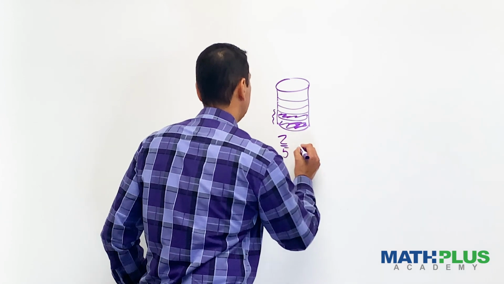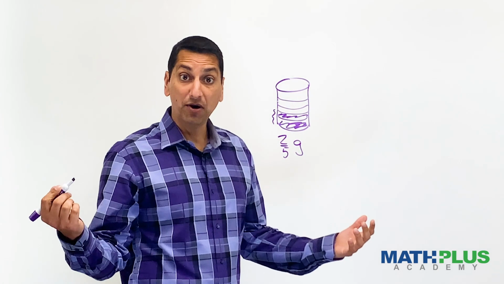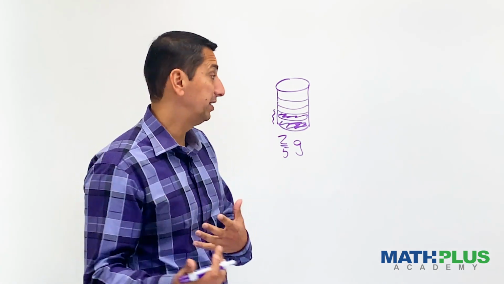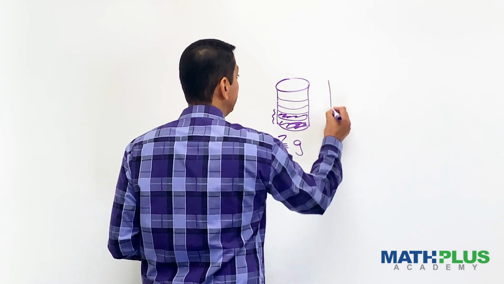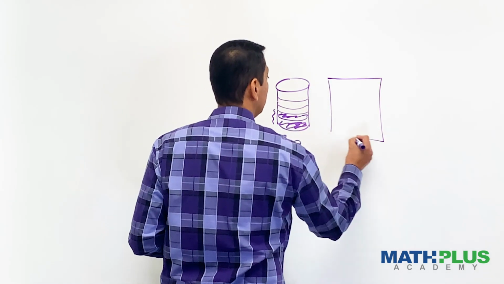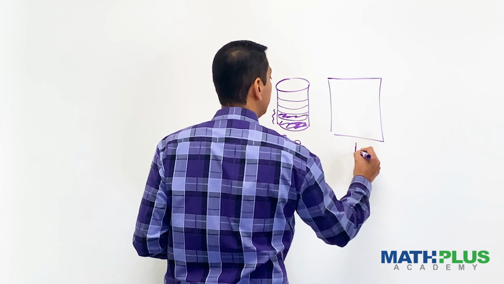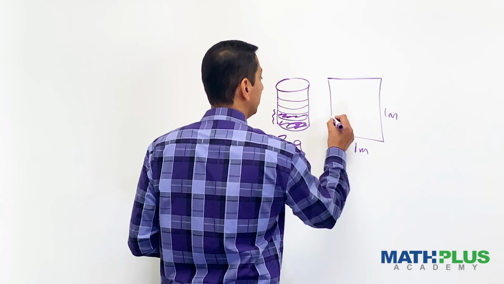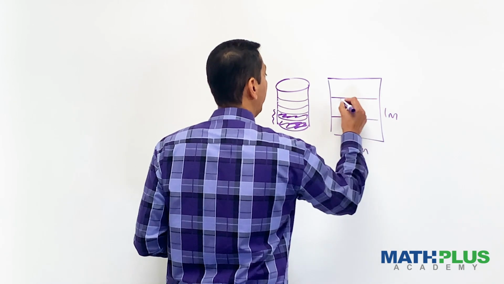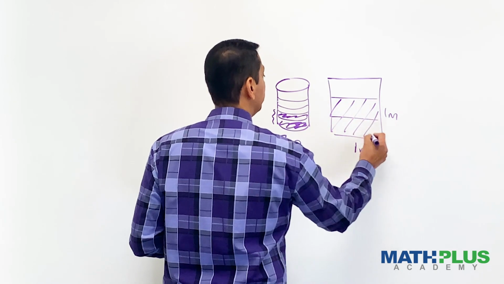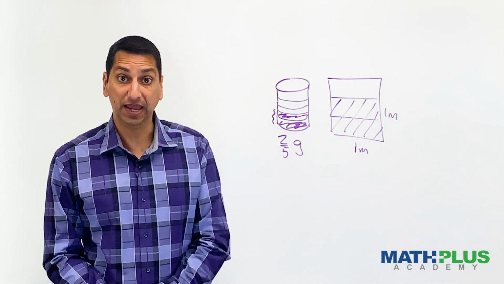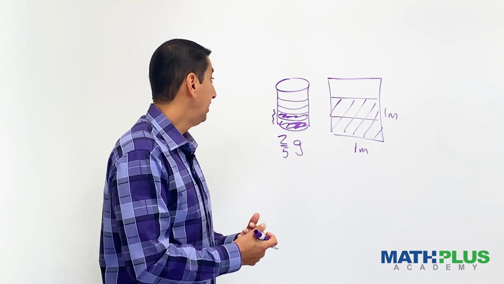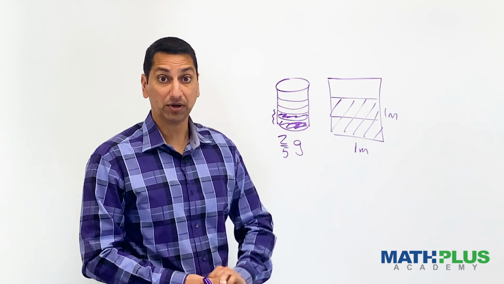2/5 of a gallon. And I know I can paint 2/3 of a square meter. So I'll make a representation of a square meter. It's 1 meter on this side, 1 meter on that side, and I can paint 2/3 of this. So I can paint that much wall with this much paint. And I want to know, if I had the whole gallon, how much wall could I paint?